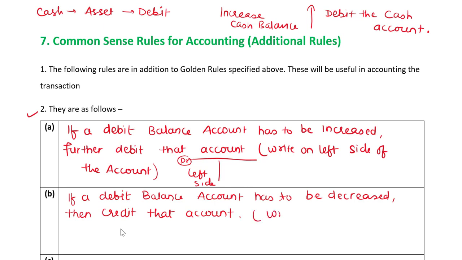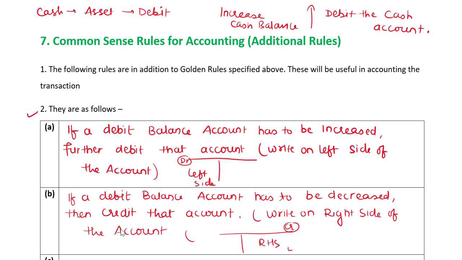Where we will write? Write on the right side of the account. So this is a T-shaped account. This is debit. This is credit. This is right hand side. We will write over here.